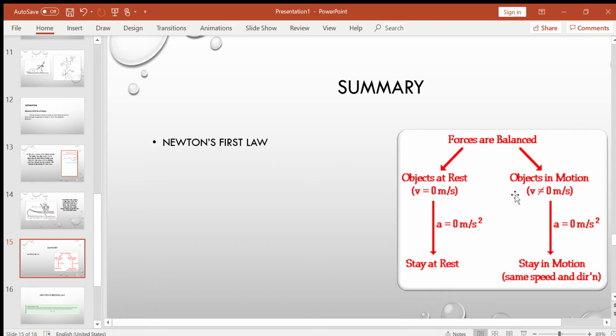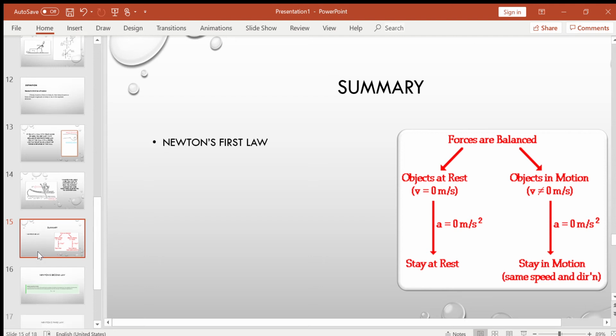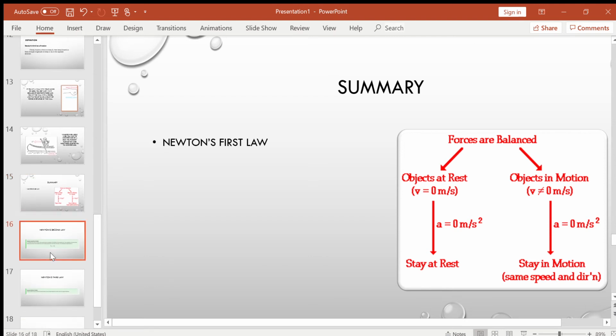On the other hand, the object is in motion, the velocity is not equal to 0, but the acceleration is still equal to 0 because it maintains the same speed and direction, so it keeps moving at the same speed.